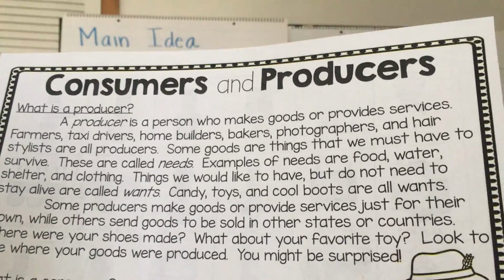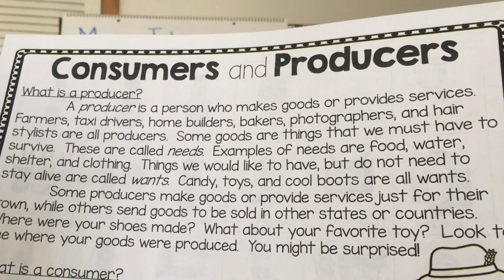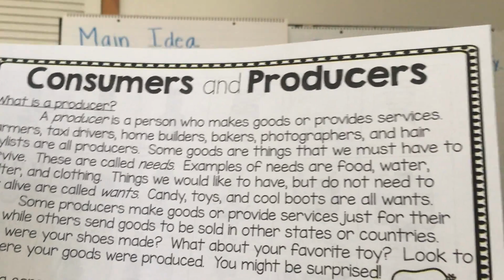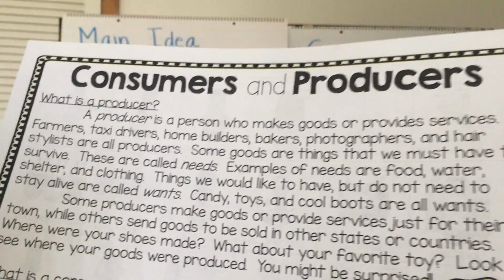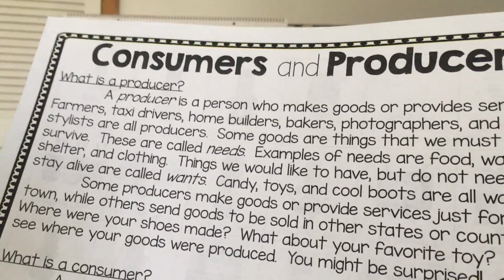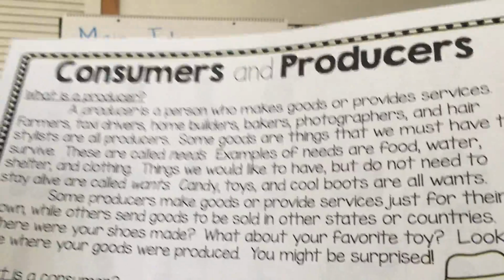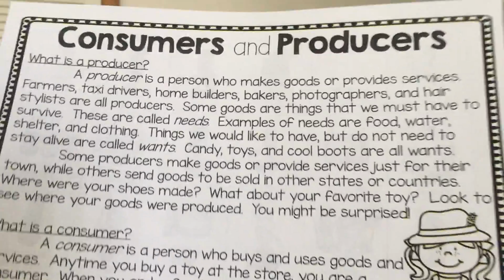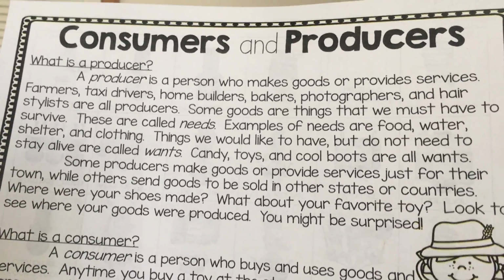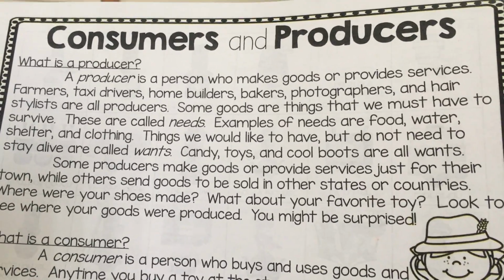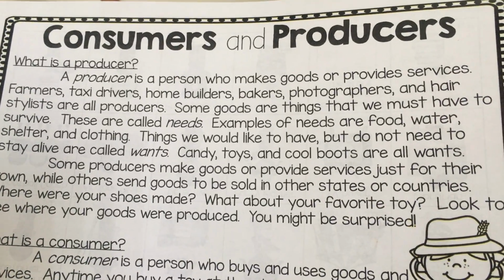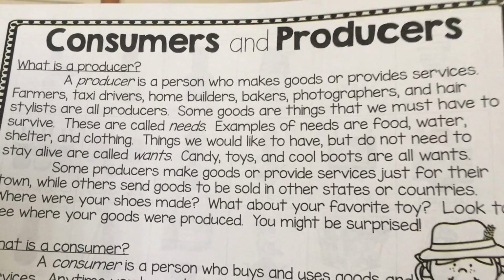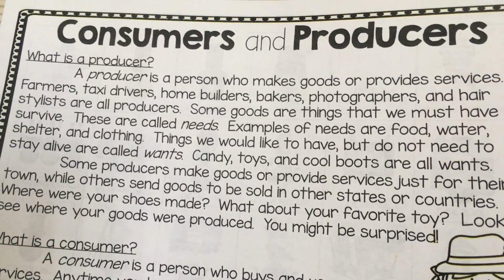And we also talked about services, guys. Services are all those things and all that work that's done for people, like a barber who cuts your hair, or a baker who makes desserts and sells them, okay? Here we go. Farmers, taxi drivers, home builders, bakers, photographers, and hairstylists are all producers.